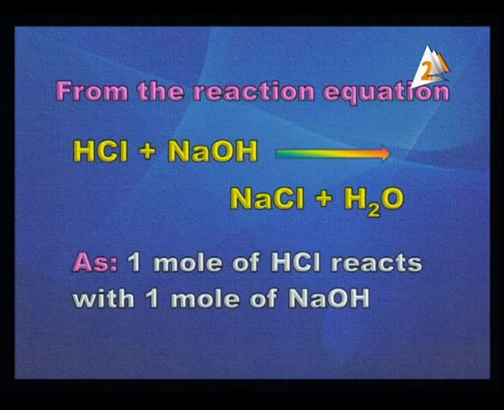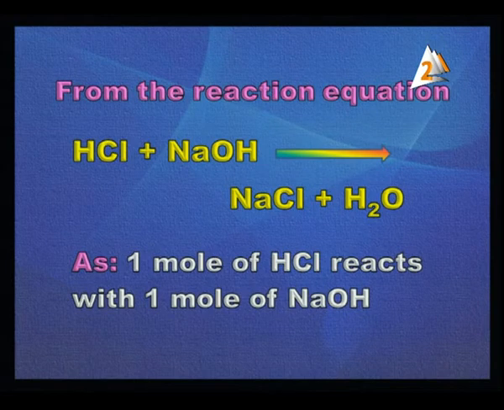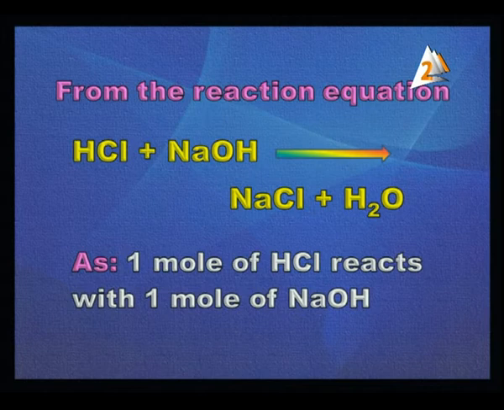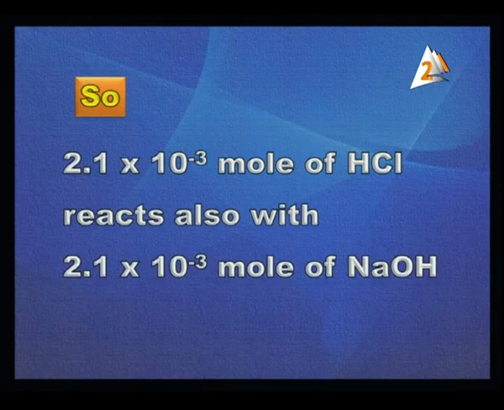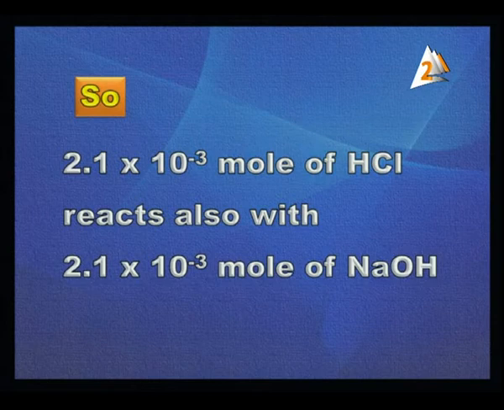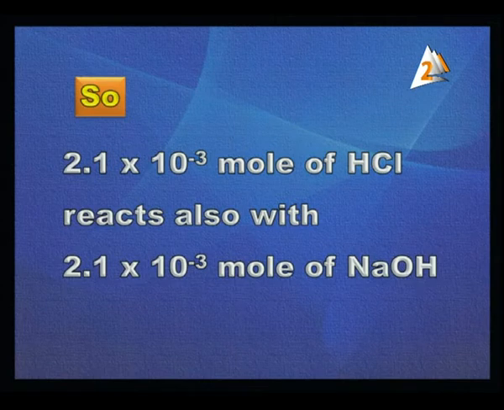You can catch something: 1 mole of HCl reacts with 1 mole of NaOH. What do you have now? We can say 2.1 by 10 power negative 3 moles of HCl reacts also with 2.1 by 10 power negative 3 moles of NaOH. Good. What do you need now?